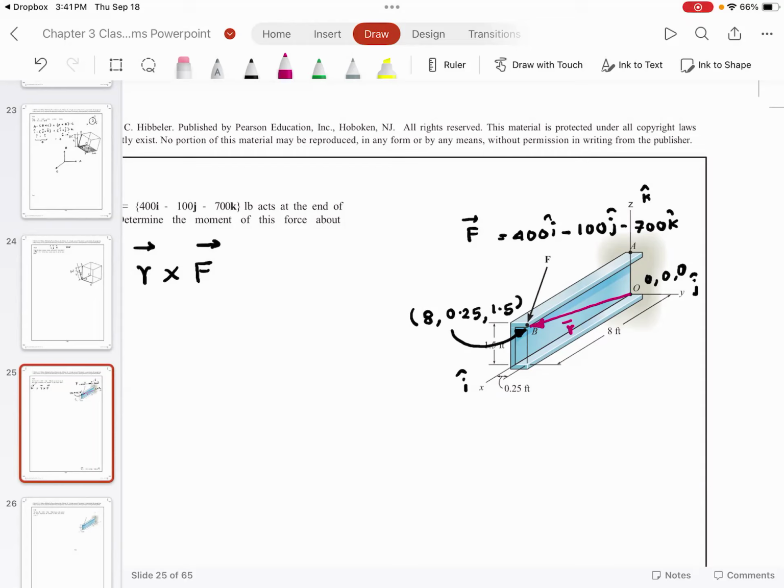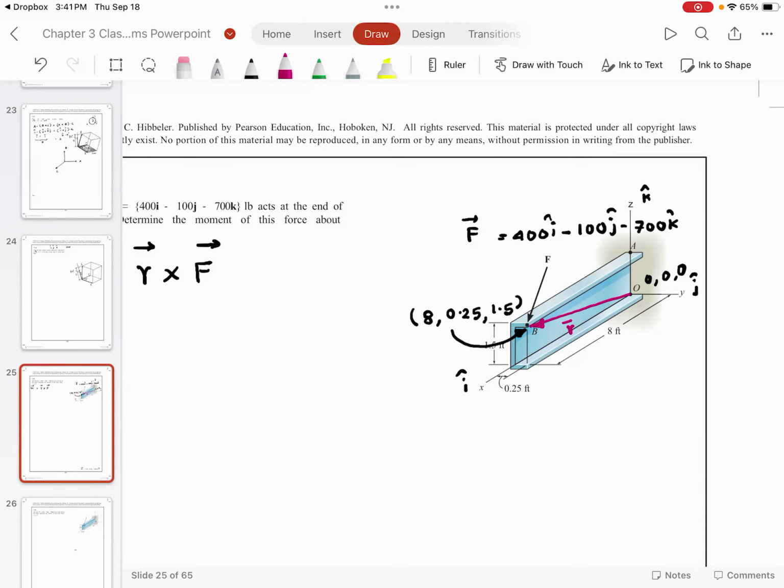I can go from point O to point B if I travel 8 units in the i direction, 0.25 units in the j direction, and 1.5 units in the k direction. You agree with me? I repeat it once more. The position vector tells you how far you have to travel from your reference frame.